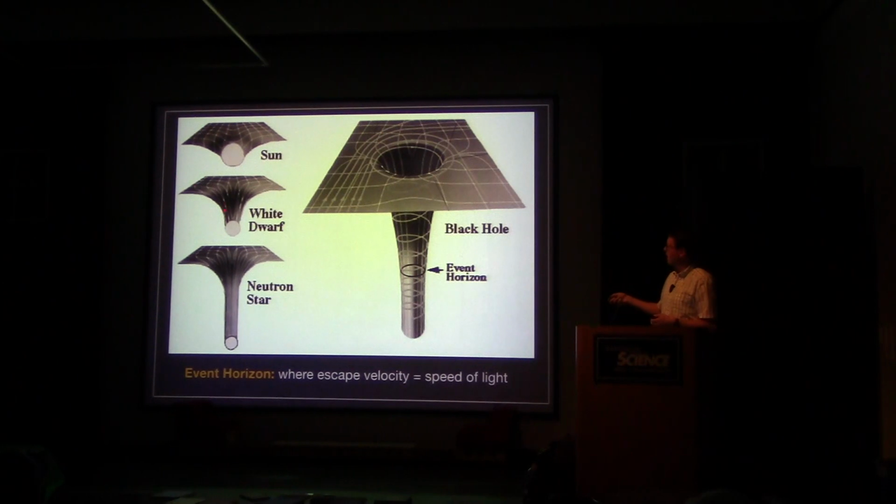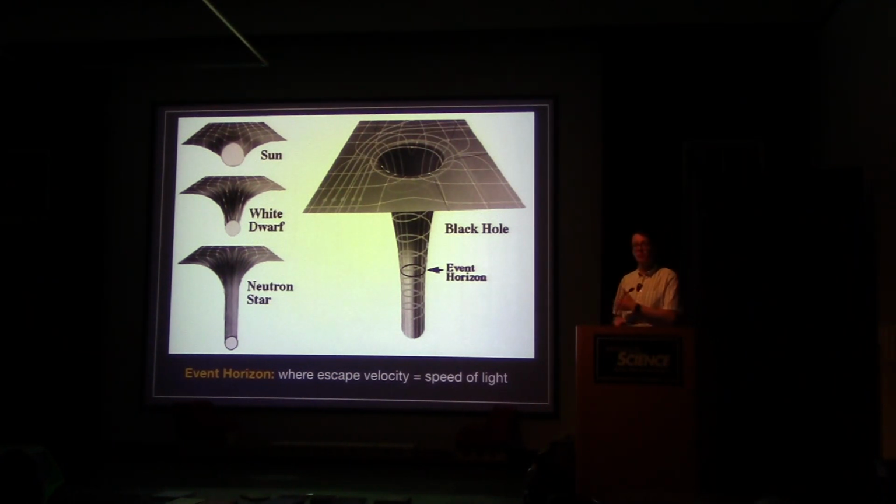You get a much deeper dip in space. Think of even more extreme, and go to a neutron star, which has a radius about 10 kilometers, the size of a city, with a mass, again, similar to the sun. And you get a much more extreme dip in space.